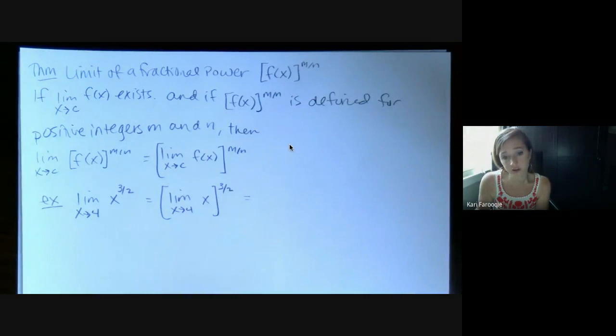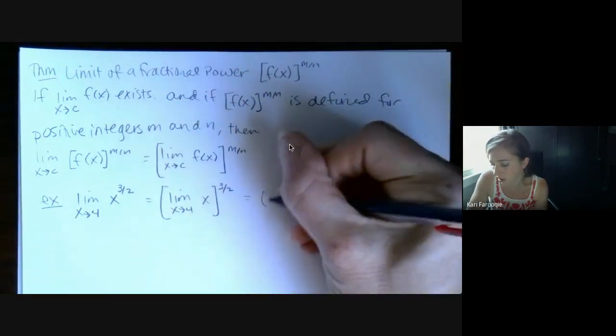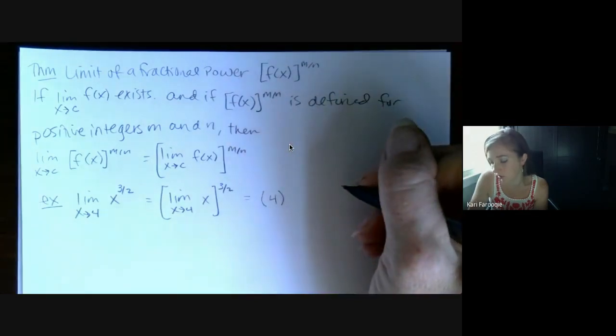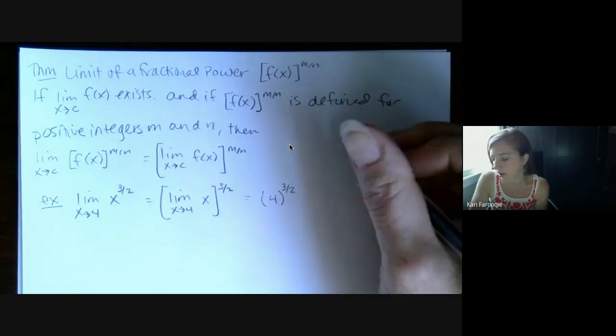Now, it's an identity function, so I know that for the identity function, the limit is just whatever value x is approaching. So my limit value is 4. You can take 4 to the 3/2 power.